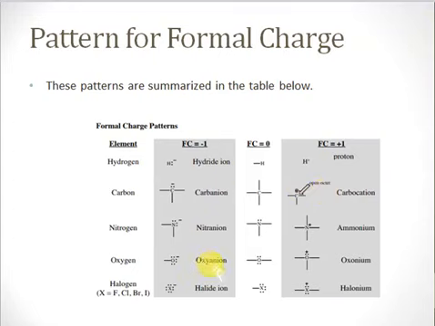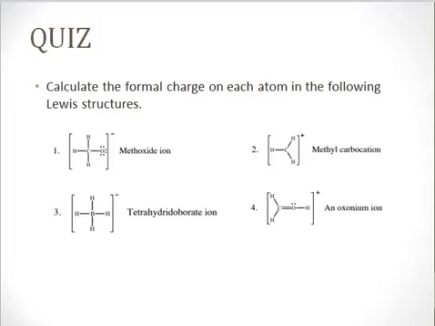So similar are these examples, and you can see the example, and if you carry out your own calculations, you can just calculate the formal charges. So as for example, here's a quiz for you, right? So there are 4 different polyatomic ions, and here you have to calculate the formal charge for each of these.